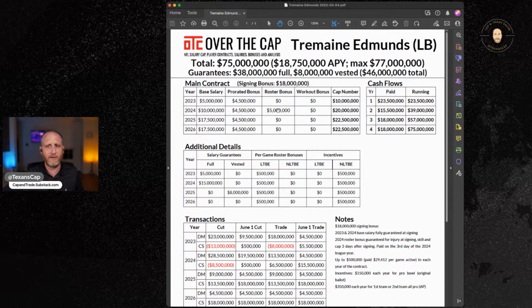So there's different ways. You can entice players just by the APY. Some of them, honestly, and it may be a fault of their agent, maybe they just want that big APY number. I could have fluffed up and put some massive number here in 2026 to get this APY at 19.5, 20 million, and he would have never seen it. But I think that's a little disingenuous. You saw that with all the wide receiver contracts this past year. They're all funny money in the last year. Tyreek Hill, Devonta Adams, AJ Brown's the same thing.